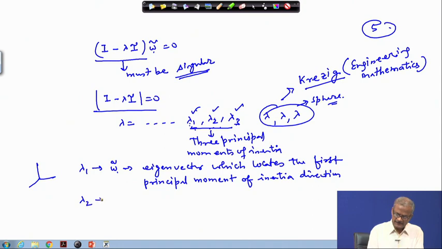Similarly, from lambda 2 you will get omega tilde. Now, omega tilde as a whole, if you look, may not be a unit vector. If it is not a unit vector, just normalize it.